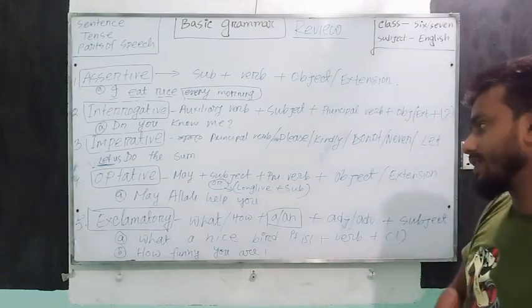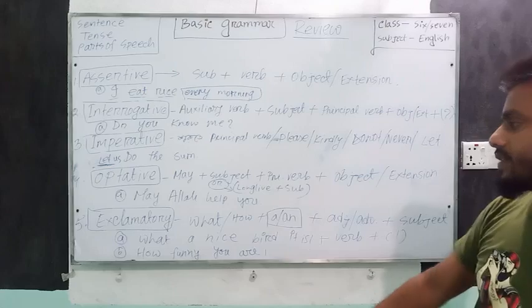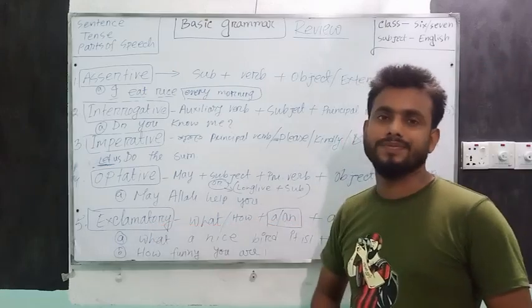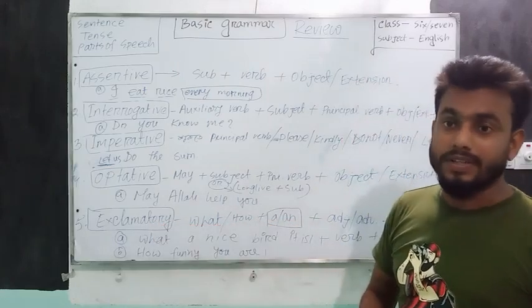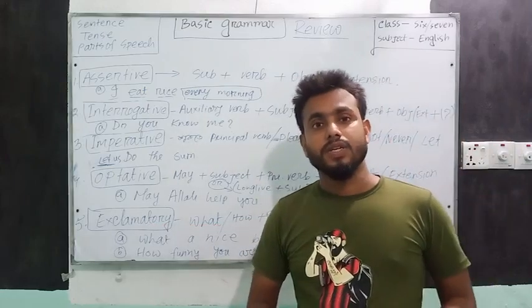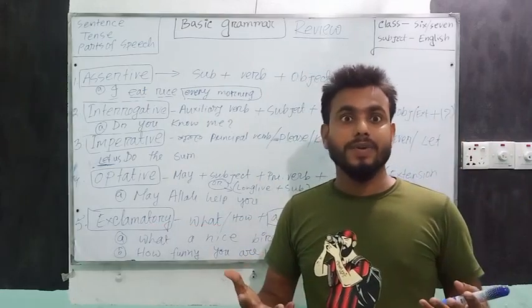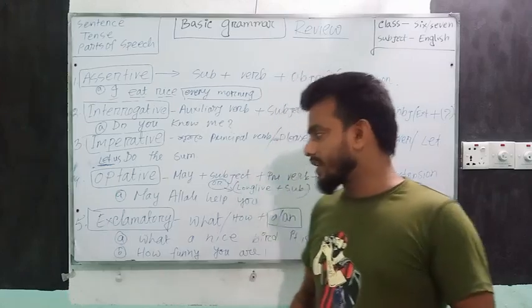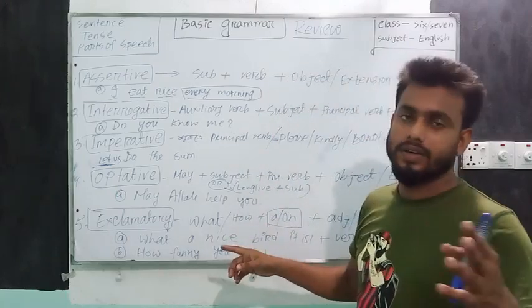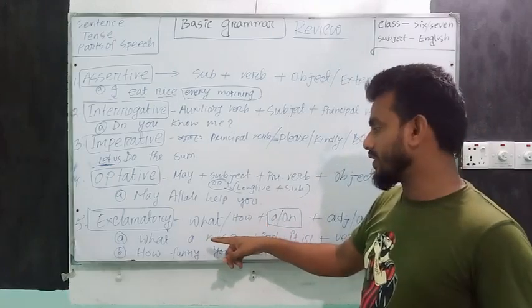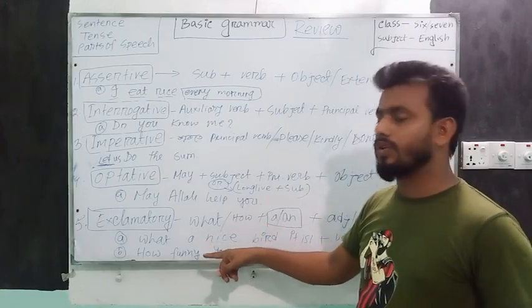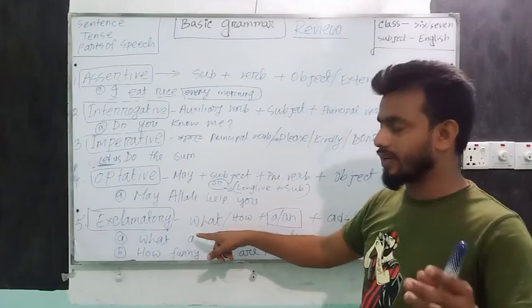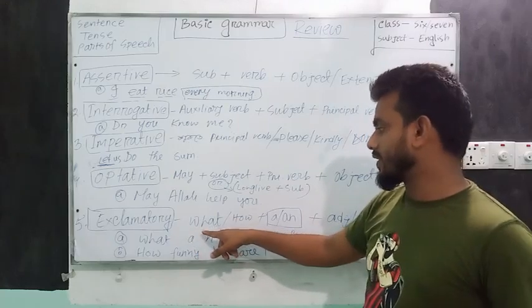Okay, yes, students. The final one is exclamatory. What is an exclamatory sentence? That means you are surprised, someone surprises you, or you are surprising someone. There are two or three more structures, but I'm going to write down the structure here.